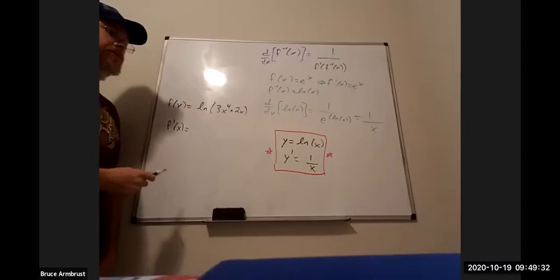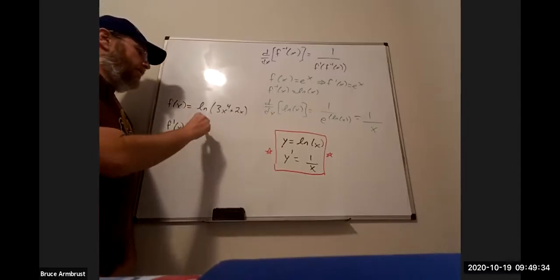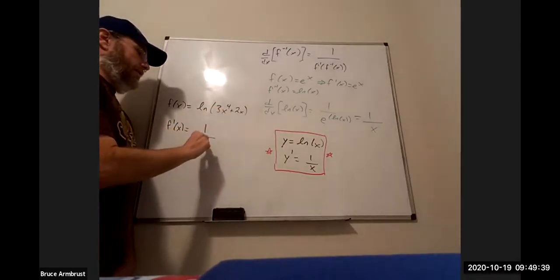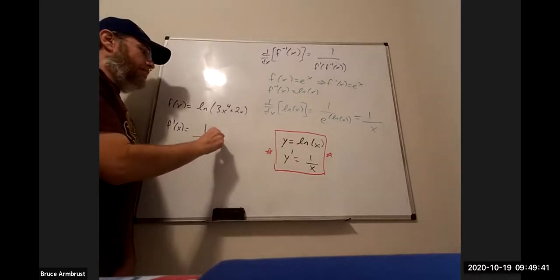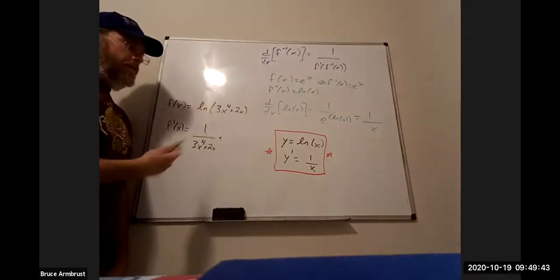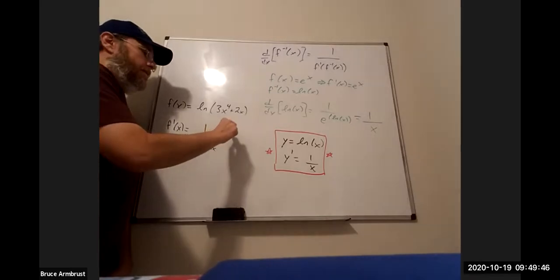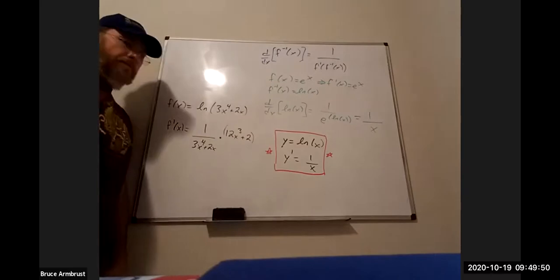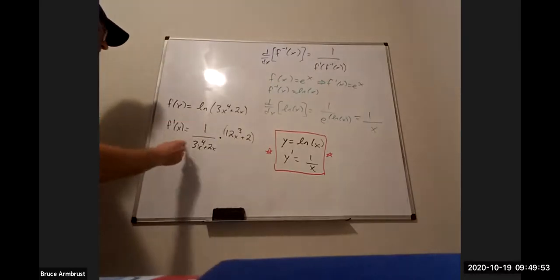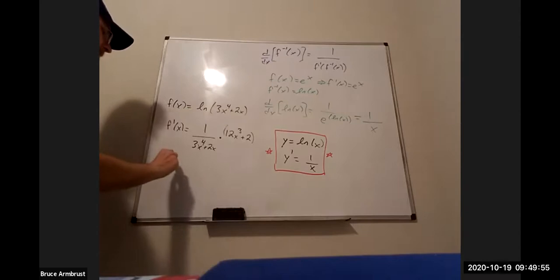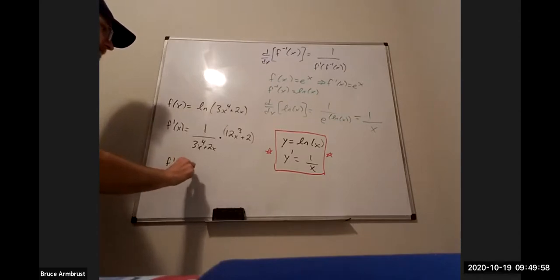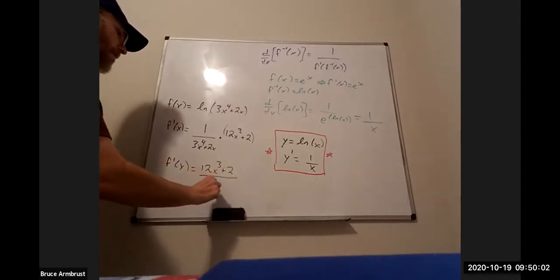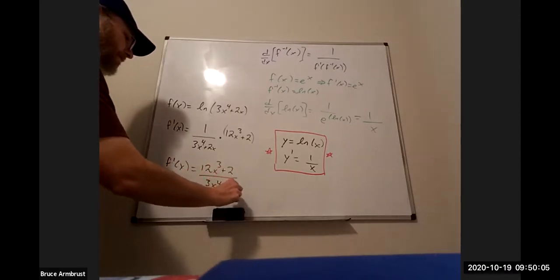So we're going to differentiate natural log. The derivative of natural log is going to be 1 over what's inside. But then we need to multiply that by the derivative of what's inside. So this will be 12x cubed plus 2. So the derivative of the natural log of 3x to the fourth plus 2x is 12x cubed plus 2 over 3x to the fourth plus 2x.